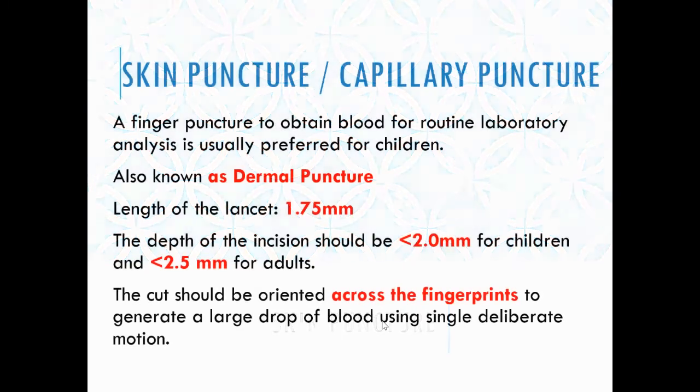Now, for skin puncture, capillary puncture, it is a type of blood collection usually obtained from children. It is also known as thermal puncture, and the length of the lancet used is 1.75 mm, and the depth of the incision should be less than 2.0 mm for children and less than 2.5 mm for adults.